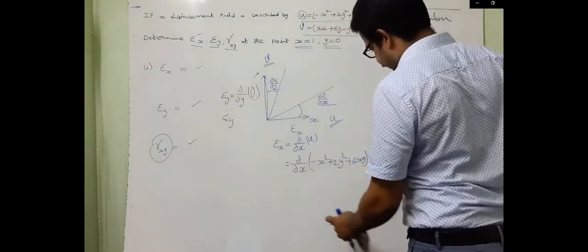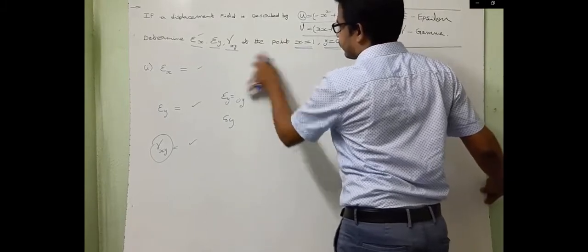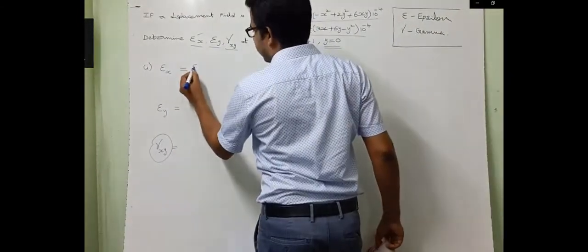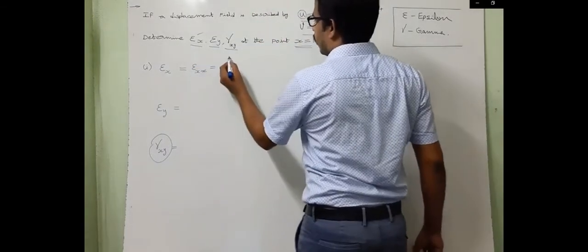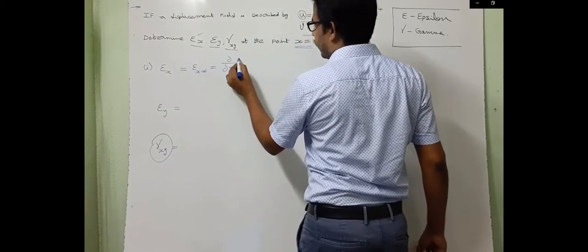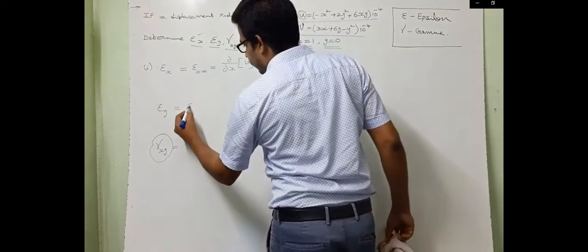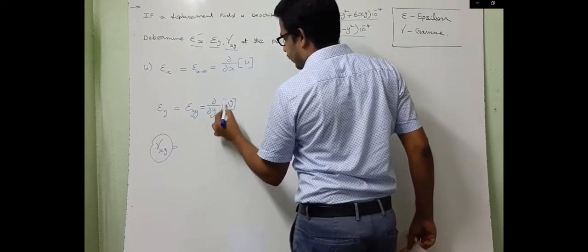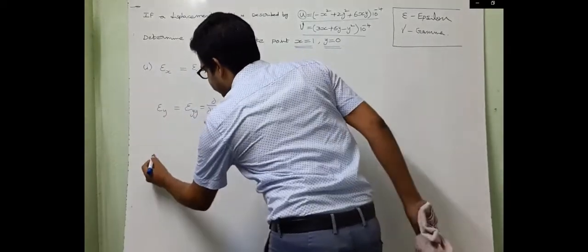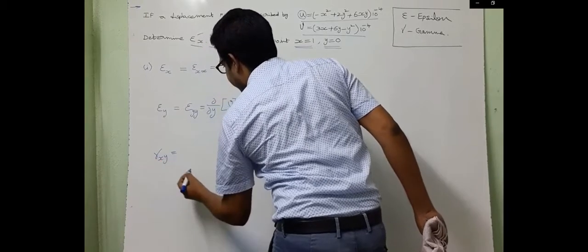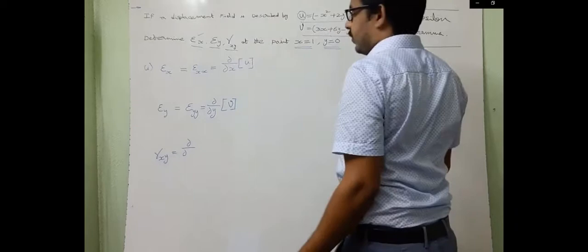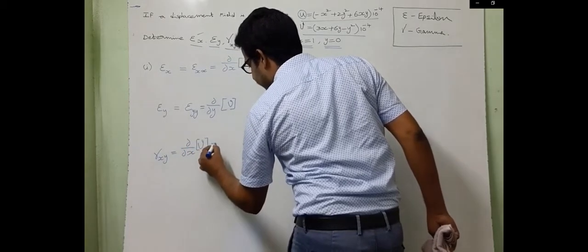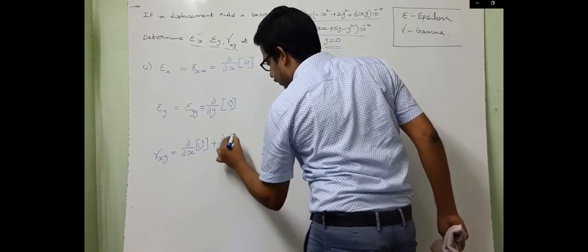So coming to the problem, epsilon x is equal to dou by dou x of u, and epsilon y is dou by dou y of v, and gamma xy is equal to dou by dou x of v plus dou by dou y of u.